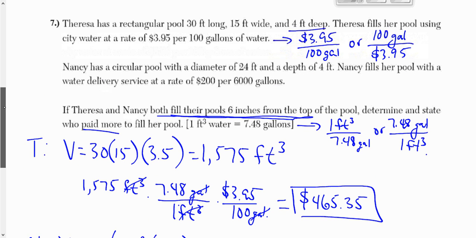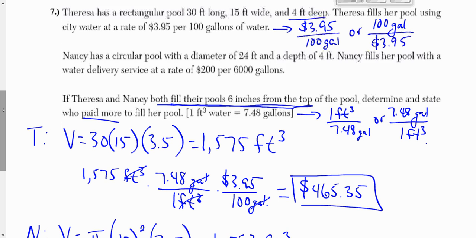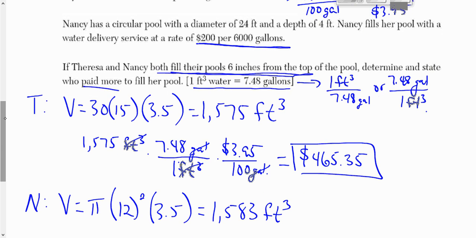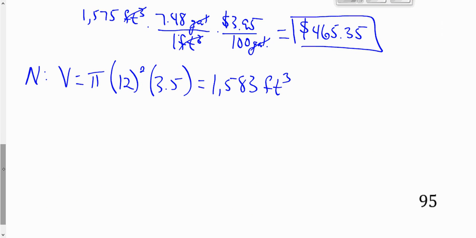Let's use the unit conversion method. So she has a rate of $200 per 6,000 gallons, and we're still using this, okay? So let's convert her cubic feet to gallons first. Okay, so 1583 cubic feet multiplied by what? 7.48 over 1. Gallons per 1 cubic foot, right?